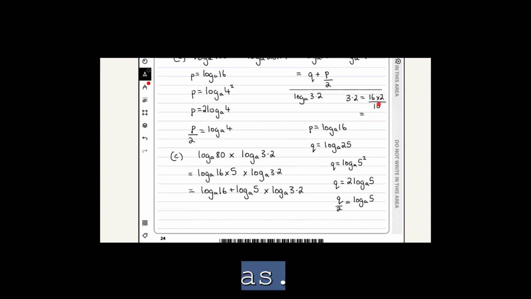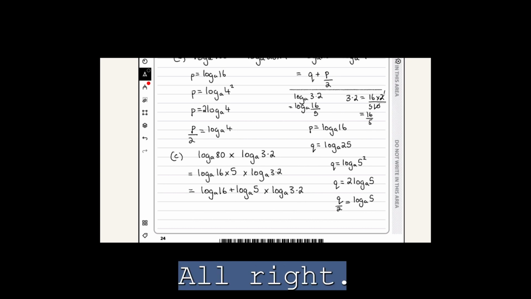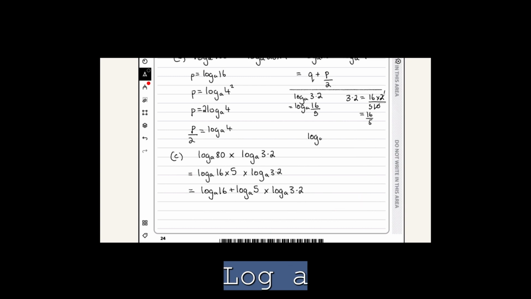That's the same as 16 over 5. So log A of 3.2 is the same as log A of 16 over 5. Right, now I need another one of my rules of logs. Log A of B over C equals log A of B minus log A of C.